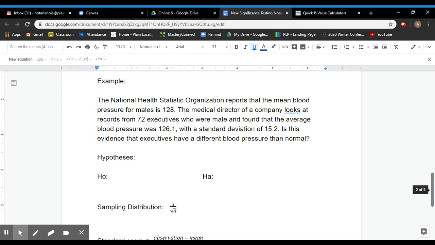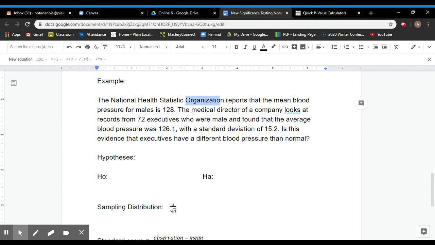Let's just say that there's a National Health Organization that reports that the mean blood pressure for males is 128. Let's say that there's a medical director of a company who's looking at male executives of companies, and he wants to compare blood pressures from these executives to normal males.